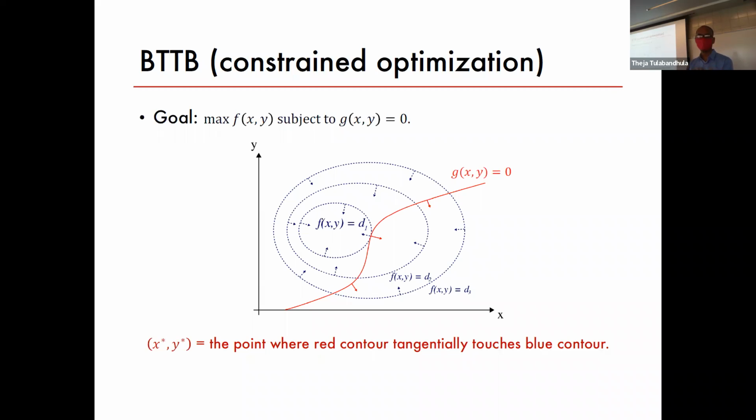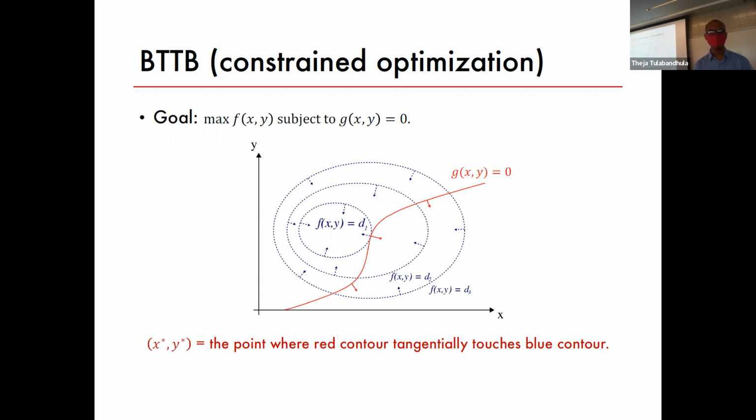The gradient of f is in the same direction as the gradient of g. You can see the gradient arrows here, and these are scalar multiples of each other. The scalar can be positive or negative, which is why you see a red curve this way and a green dashed curve the other way, but basically they are parallel to each other.